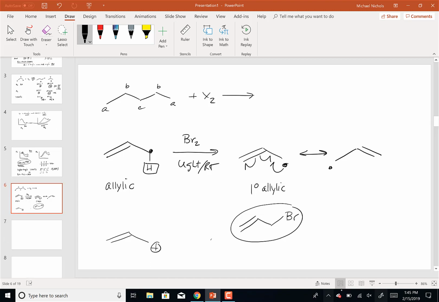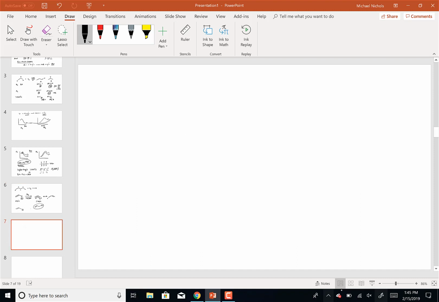So then we can expand this and we can say, now this one, I can do bromine and light at room temperature.